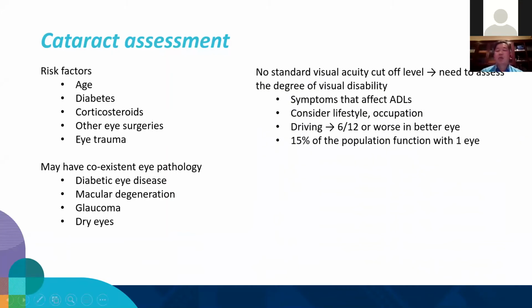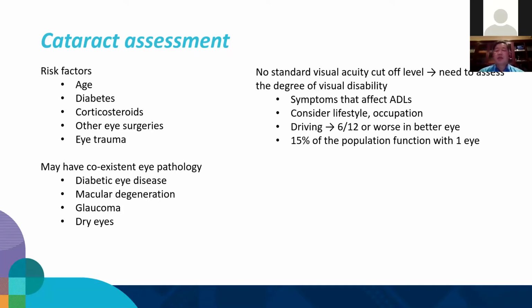Now, at the moment, there is no standard visual acuity cutoff level as such. The cataracts do affect the vision to certain degrees, depending on what the patient does. So someone who, say, fills multiple shelves, they're more likely to notice something going on than someone who just enjoys walking down the beach or the street and having a cup of coffee every day.